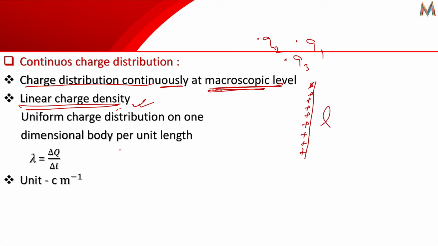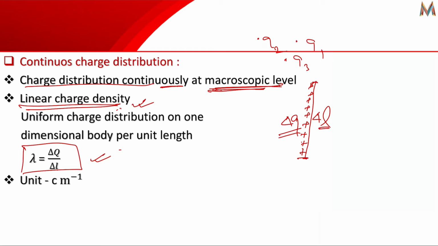Let this length be delta L and the total charge in it be delta Q. What will be the linear charge density? Charge per unit length, so lambda equals charge upon length, and its unit will be coulomb per meter.